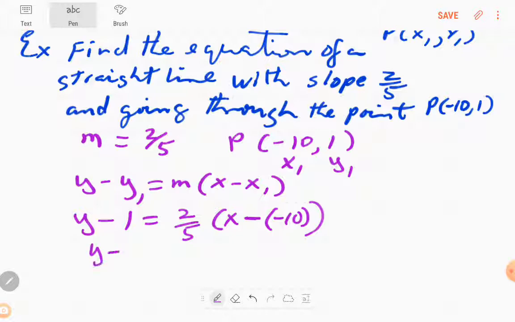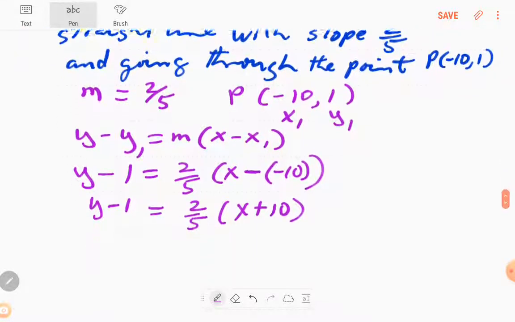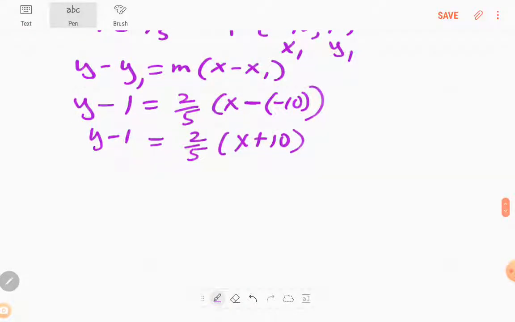So here we have y minus 1 is equal to 2/5. Double negative, negative and negative, make that a plus 10. First we're going to apply the distributive property. So we have y minus 1 equal to 2/5 x, and here, 5 divides into 10 2 times, and then 2 times 2 is 4, so plus 4.